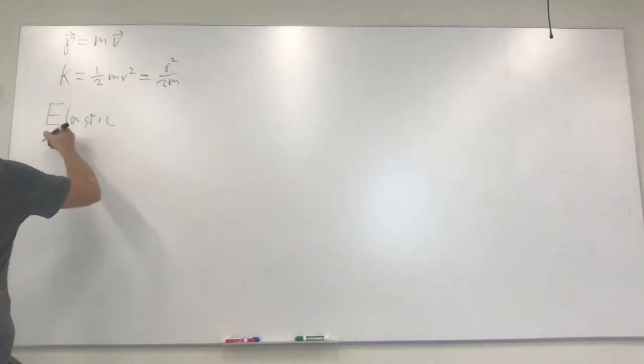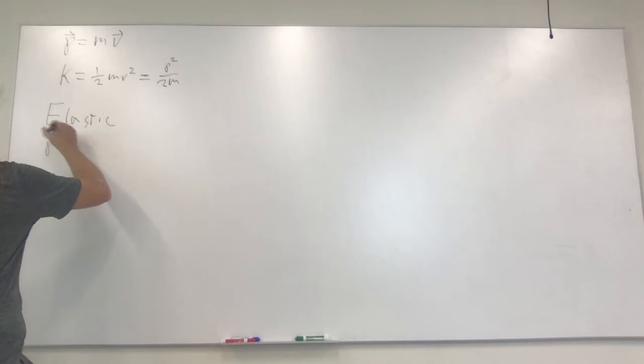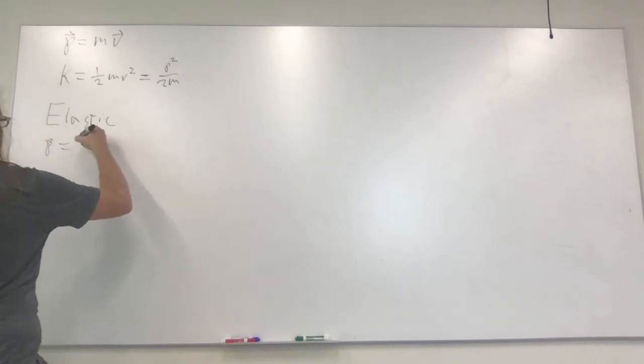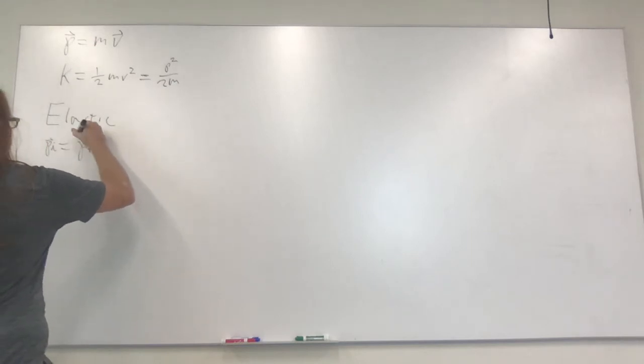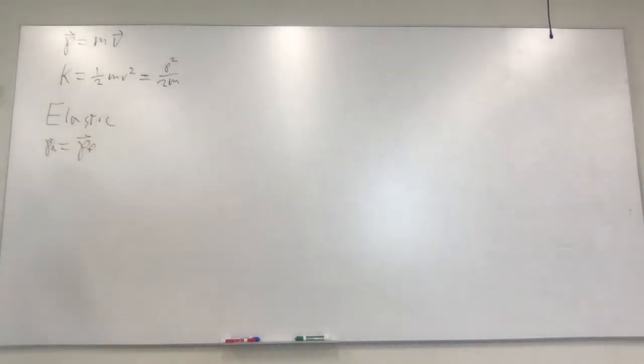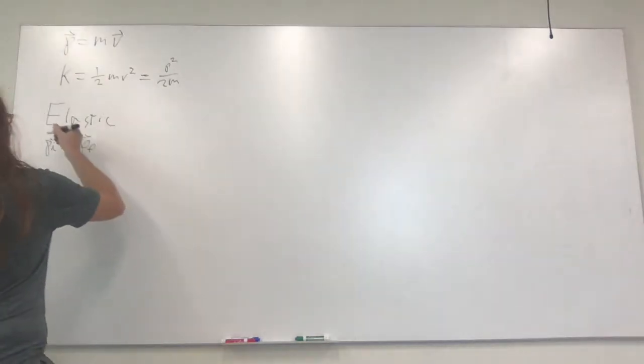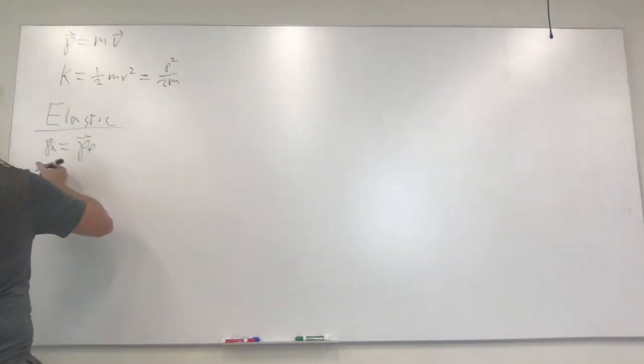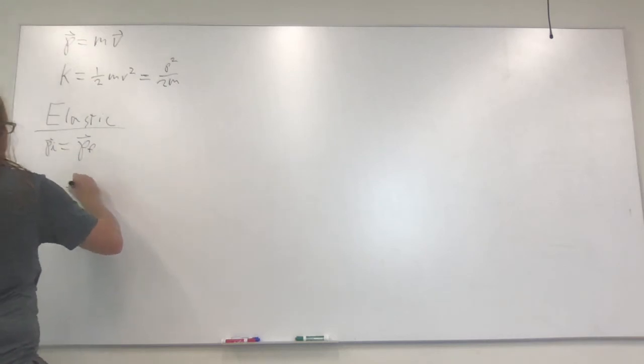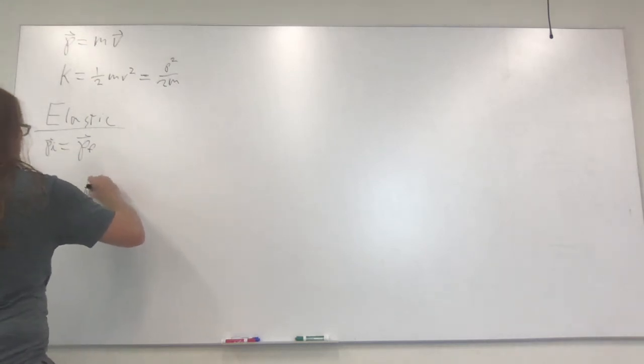So like I said, in general, if you call the initial momentum and the final momentum, I guess we'll write Pi and Pf for initial and final. In all collisions, the initial momentum should equal the final momentum. But in elastic collisions, we should also have that the initial kinetic energy equals the final kinetic energy.